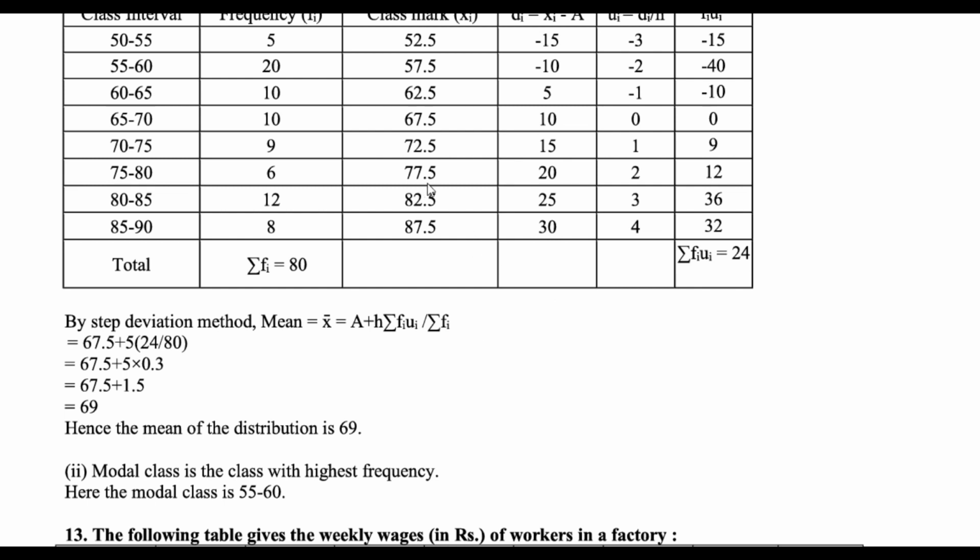So 67.5, that is our assumed mean, plus 5 into, as we are dividing every element by 5, so here h is 5, into 24, the summation of fi ui, divided by 80, the summation of frequencies. That comes to 69. So the mean of the distribution is 69.